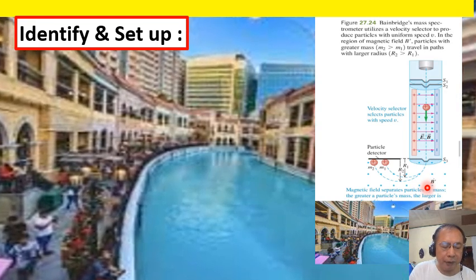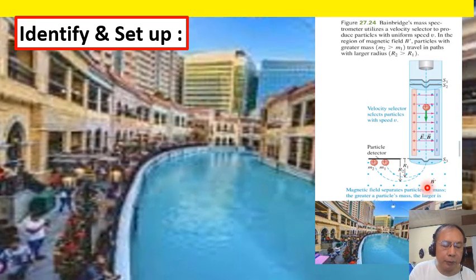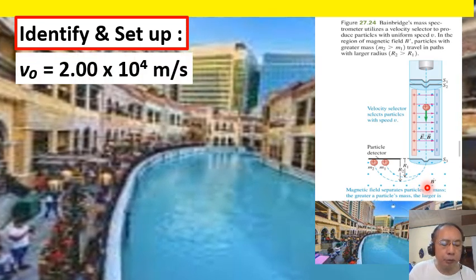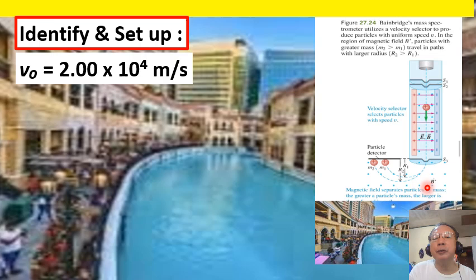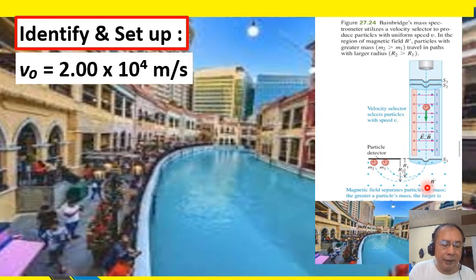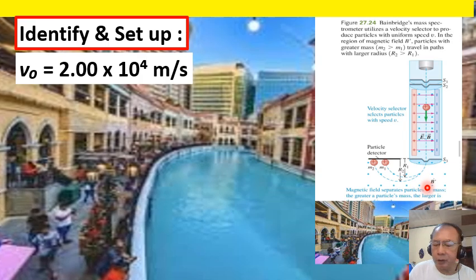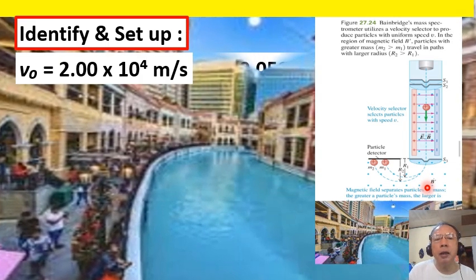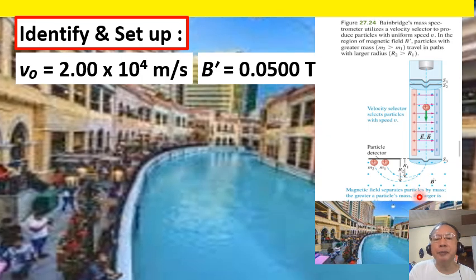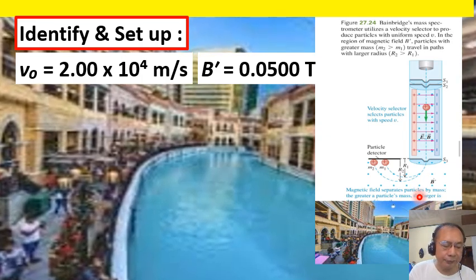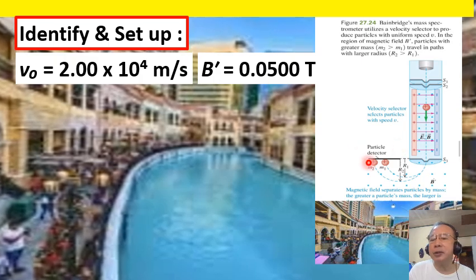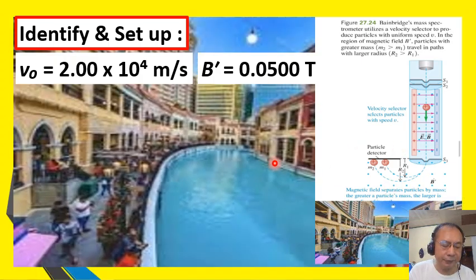So in this problem, the nuclei emerge from the velocity selector at a speed v naught equal to 2.00 × 10^4 meters per second, and they encounter a magnetic field whose magnitude is equal to 0.0500 Tesla. As mentioned earlier, the direction is towards the reader.